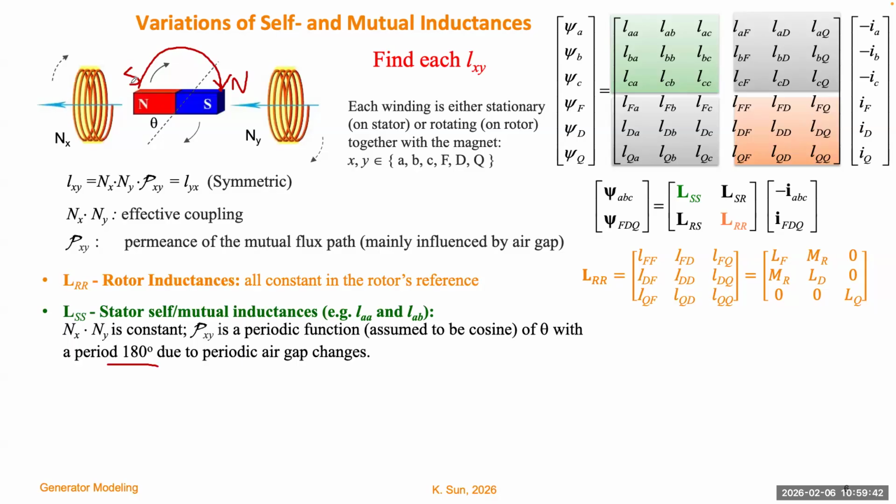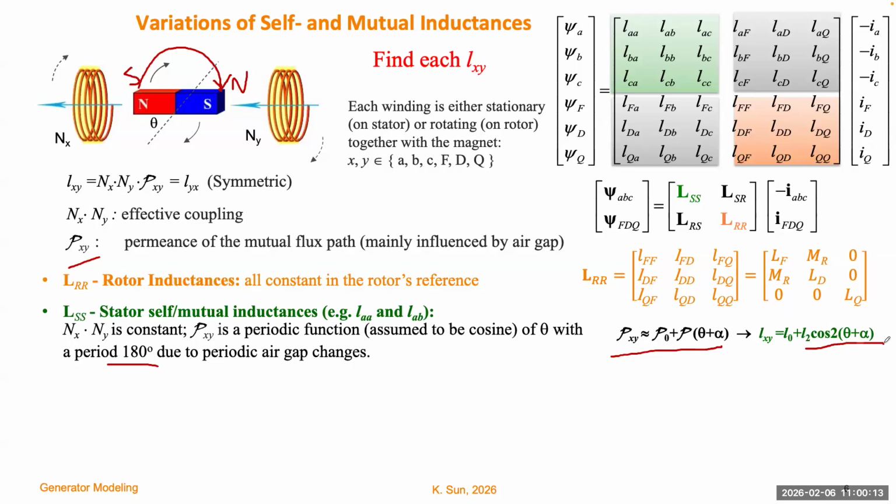So, not 360 degrees. As I said, the permeance only depends on the air gap. It doesn't tell the direction of the magnetic field. So every 180 degrees of the rotor, the permeance will reach the maximum value. We can reasonably assume the permeance will change as a periodic function with a period of 180 degrees. So we can use a cosine of 2 theta plus a certain phase to model this periodic function.